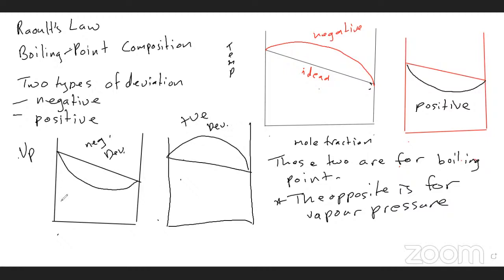That is when the y-axis is vapor pressure. So over here is boiling point, and these two are for vapor pressure. Just remember that. All right, so I'm going to clear the screen.